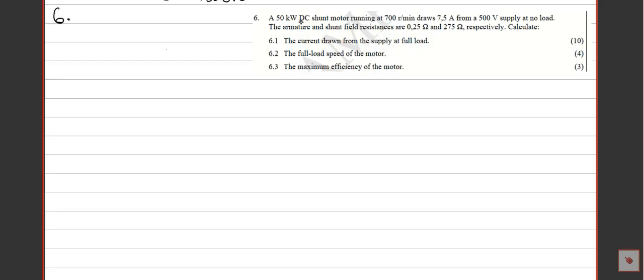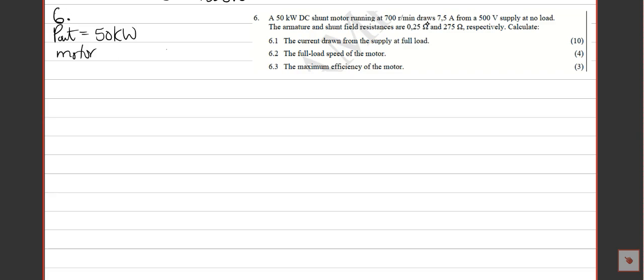It says a 50 kilowatt DC shunt motor running at 750 revolutions per minute. So output power, we have 50 kilowatts. It's still a motor.